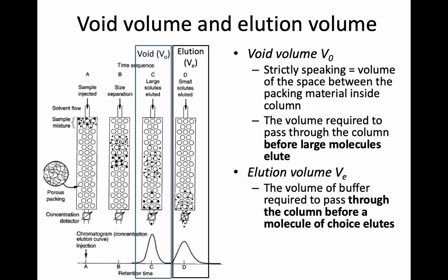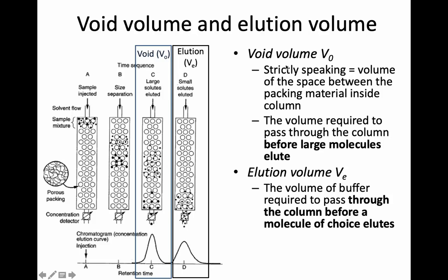Two parameters that are very important to estimate for later determining the ability of a certain stationary phase to interact with a certain analyte are called the void volume and the elution volume.